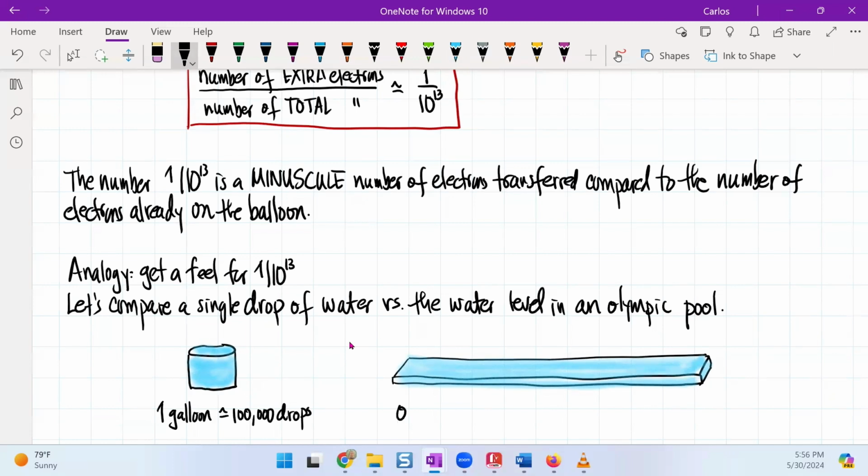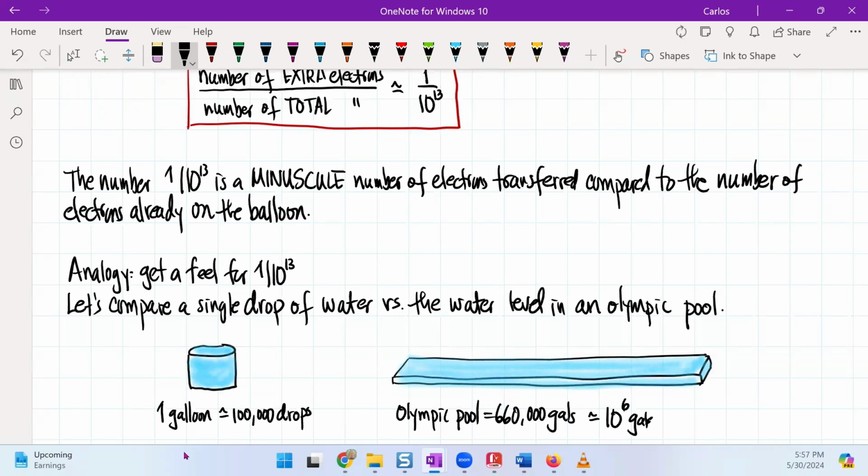An Olympic pool has 100,000 gallons. Well, I'm going to approximate that and say that that's about 10 to the 6 gallons, about 1,000,000 gallons.